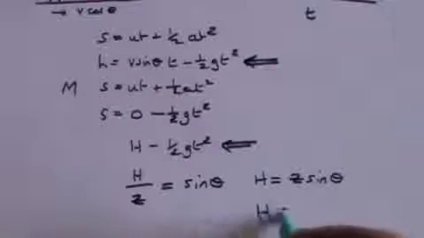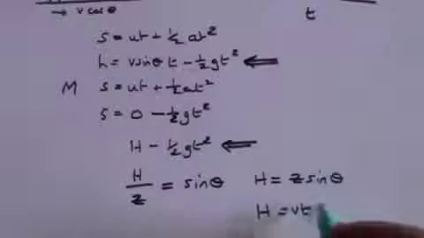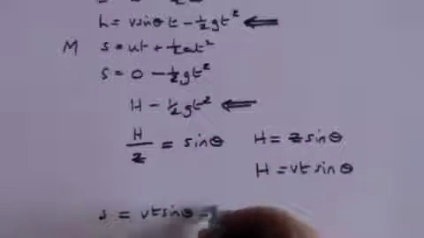So now we've got that h equals vt times sine theta. And if we put that into here, we get that the distance above the ground that the monkey is, h, is vt sine theta minus half gt squared.